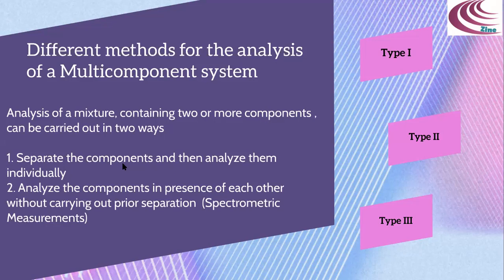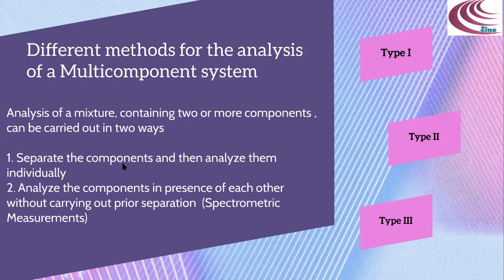The spectrometric measurement of a multi-component system is principally possible because absorbance is an additive property in the concentration region usually applied in UV-visible spectrometry. So at a given wavelength, for a system containing several species, the measured absorbance is the sum of the absorbances of the individual species.